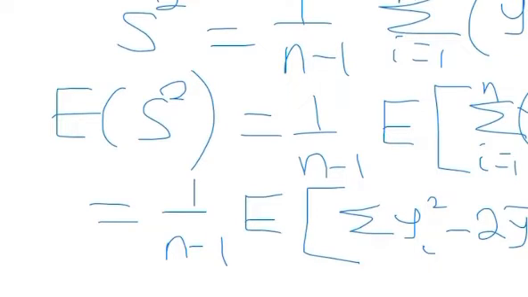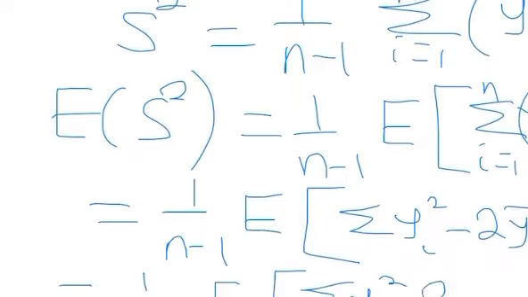Now, if you take a look at what I got, I have 1 over n minus 1, expectation of summation y_i squared. If y bar equals summation y over n, then summation y will be n y bar.